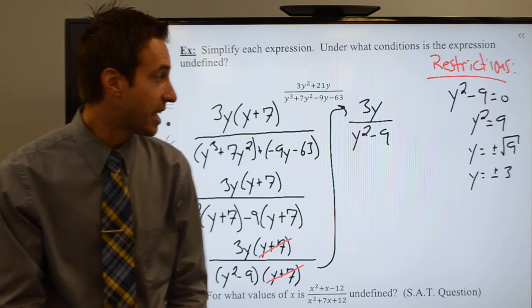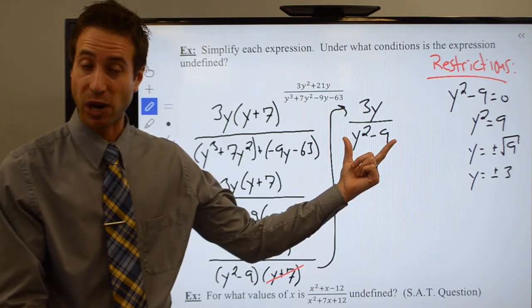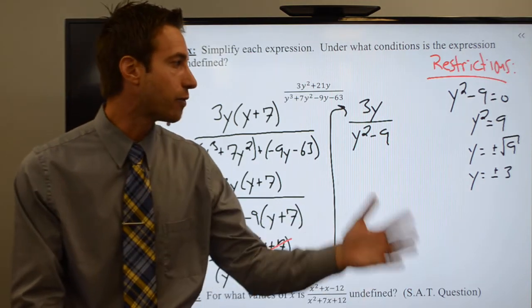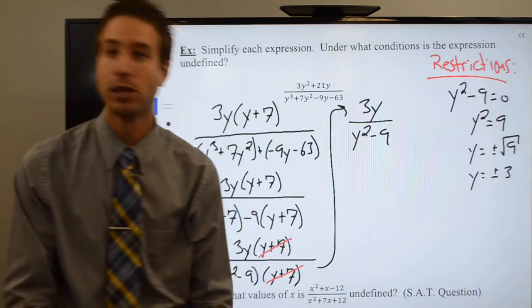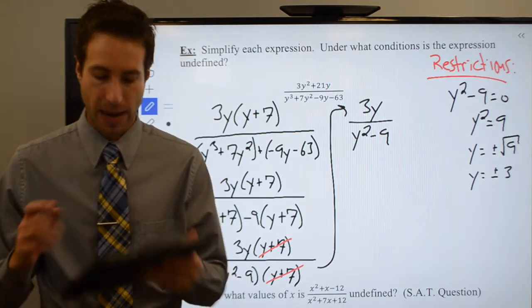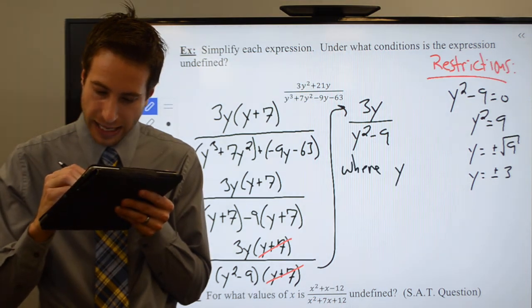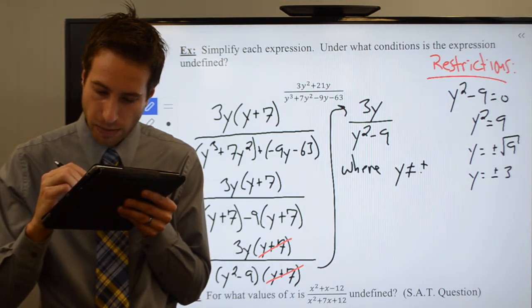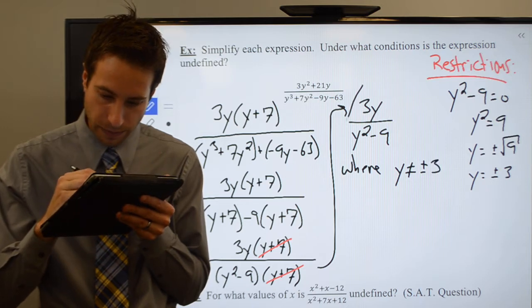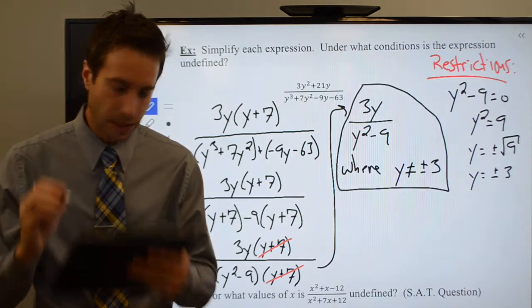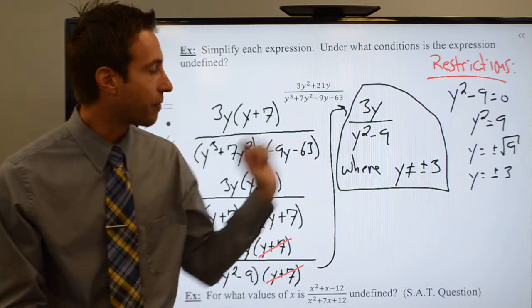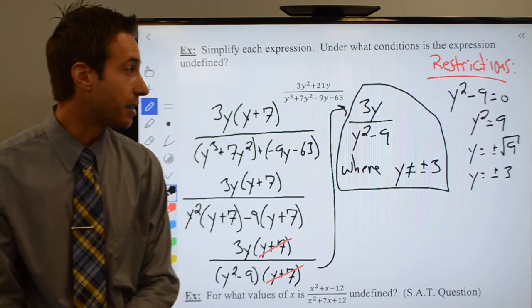What this means is that this is my simplified expression, and I can pick any value of y that I want except y equals plus or minus 3. Where y cannot equal plus or minus 3. That is going to be your simplified form and restricting the domain.